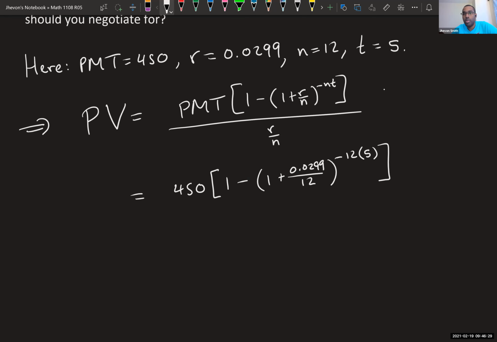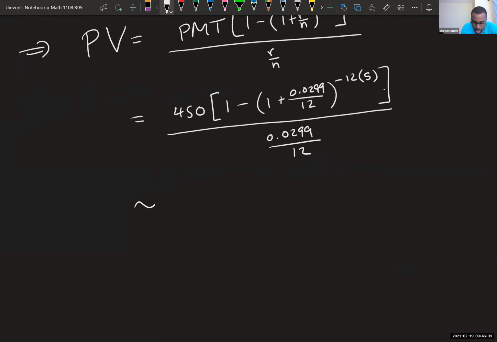So again, that's 2.99% compounded 12 times per year. How much car can I afford? Help me out. What's the maximum car loan I should get here?